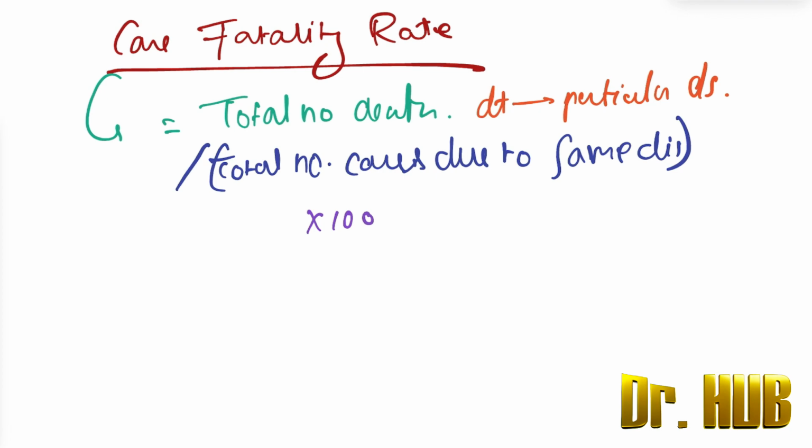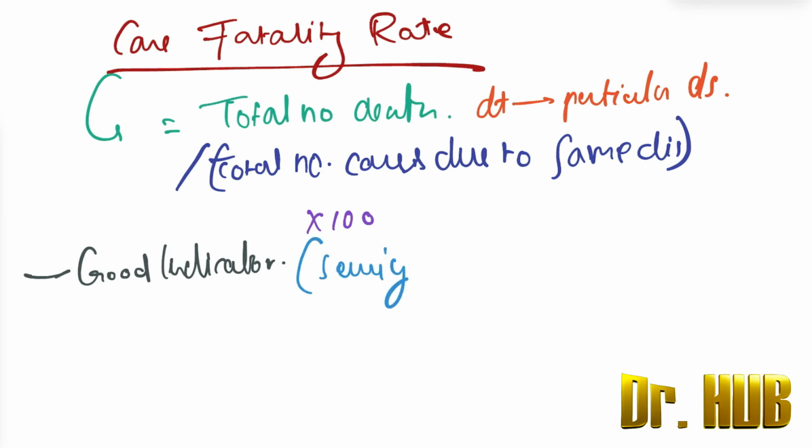This case fatality rate is a very good indicator of the severity, or the killing power, of the disease, for knowing the severity of infectious diseases.